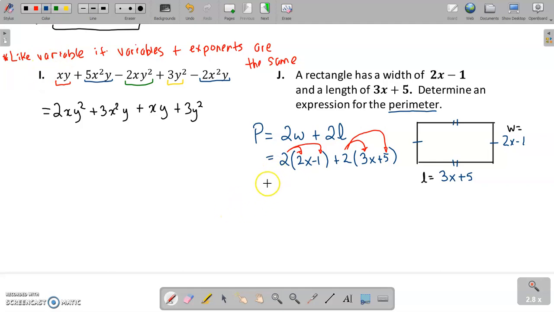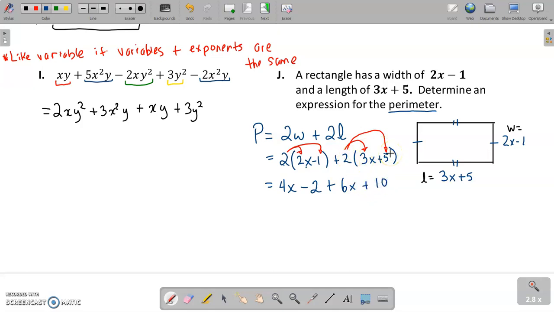Welcome back. So here we have 2 times 2x, which would give us 4x. 2 times negative 1, we have minus 2 or negative 2. And then plus 2 times 3x gives us 6x. And then 2 times 5 is 10.